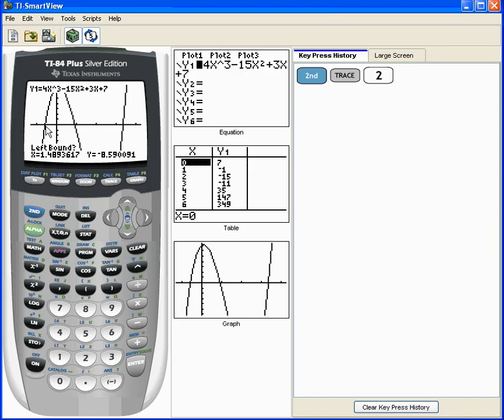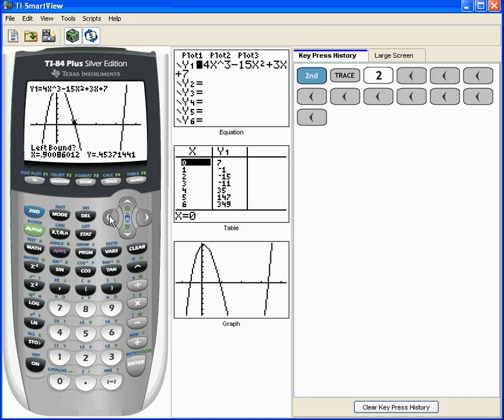Well, if I'm looking for that zero right there, I need to be on the left side of this. And if I watch carefully, there's the cursor. You don't always get a chance to see it move because sometimes it's off the screen and you might be moving it away. So when you're worried that that's happening, look down here and see what the x values are. Here x is 0.6, so it's less than 1, and there's my 1 marker, there's my 2 markers.